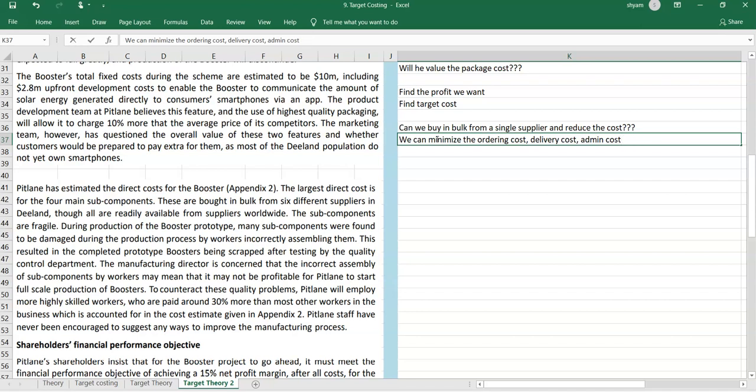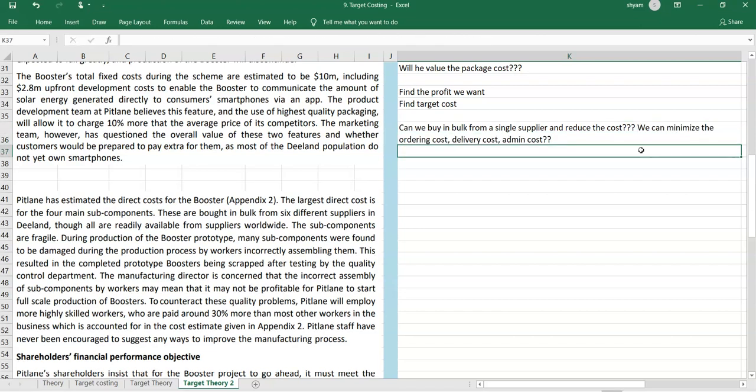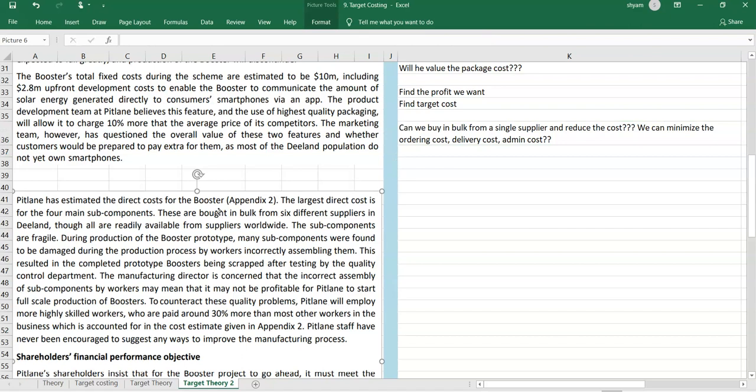That's another question. If we have a single supplier, we can reduce all this cost. But is it possible? That we have to check. So let's go to the next one.